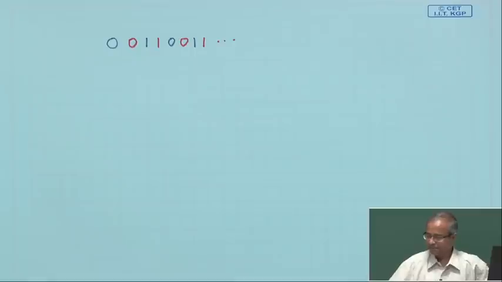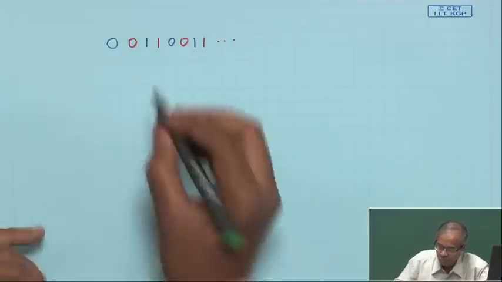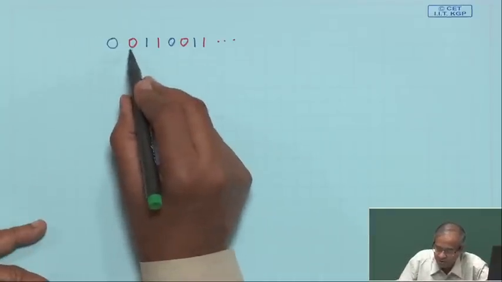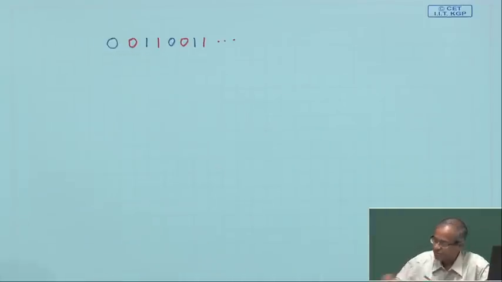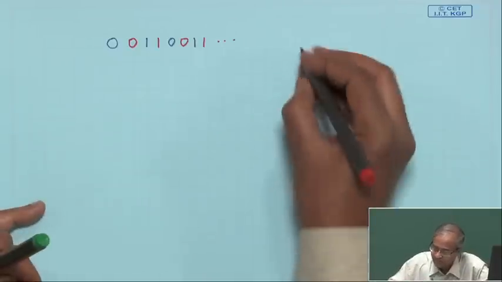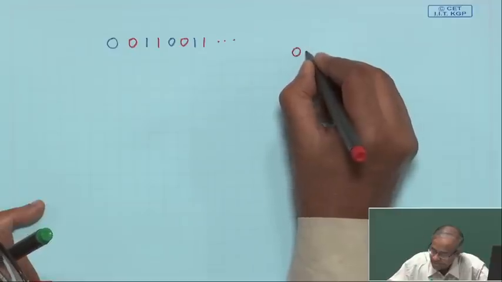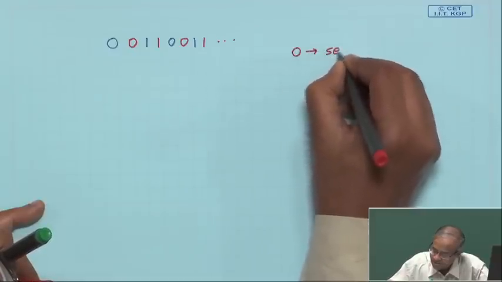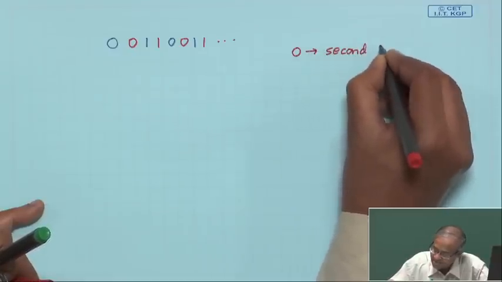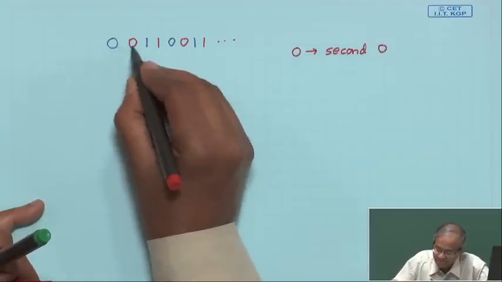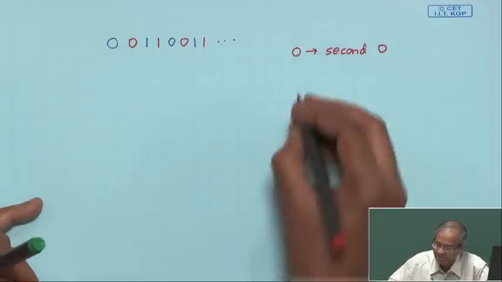Now, you see here we are using 2 different colors to draw zeros and ones. A red 0 means this is the second 0 in sequence, meaning among the 2 consecutive 0s this is the second 0.